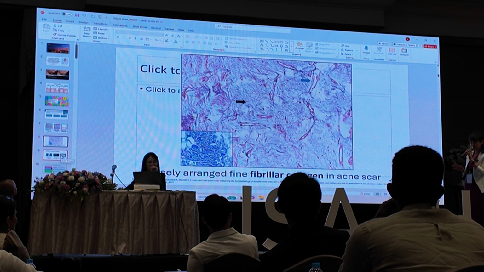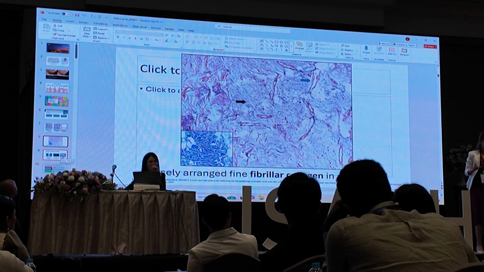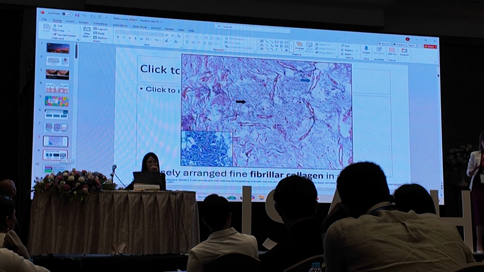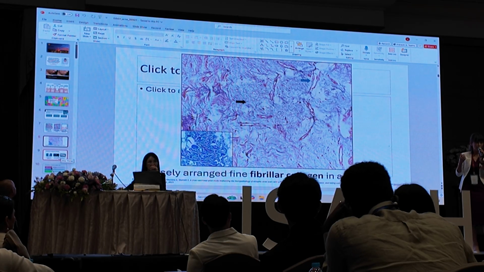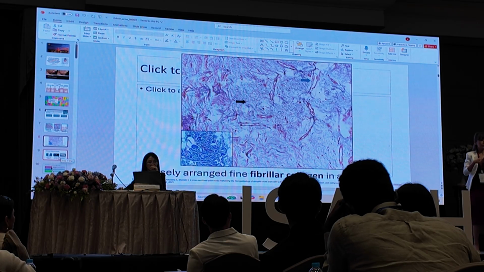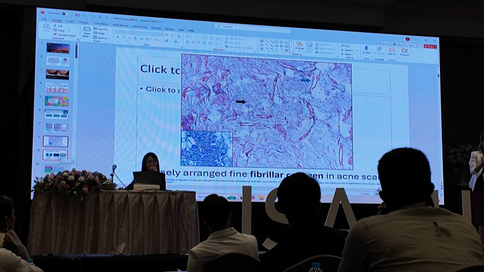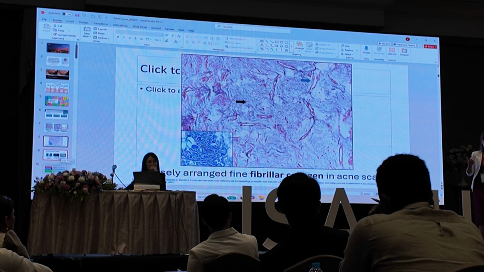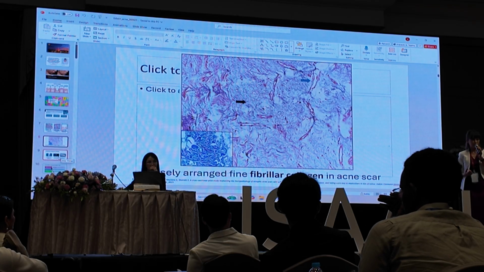And more than 90% of acne scars also show a loss of elastic fiber, which means we are not only treating the irregularity of the scar, we are also treating the dermal change. If the treatment we provide is too superficial, not reaching the dermis or even the superficial subcutaneous layer, it may not be effective.